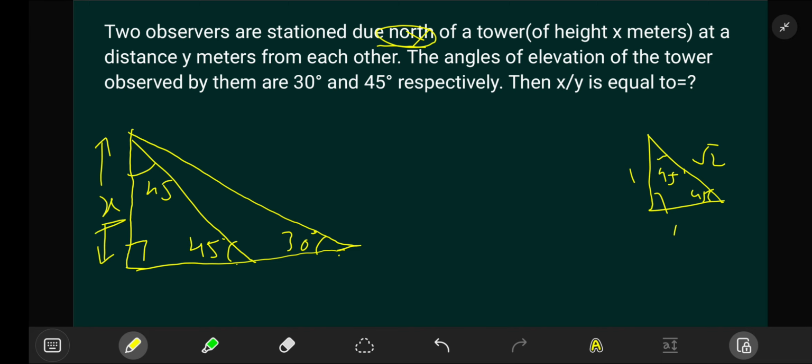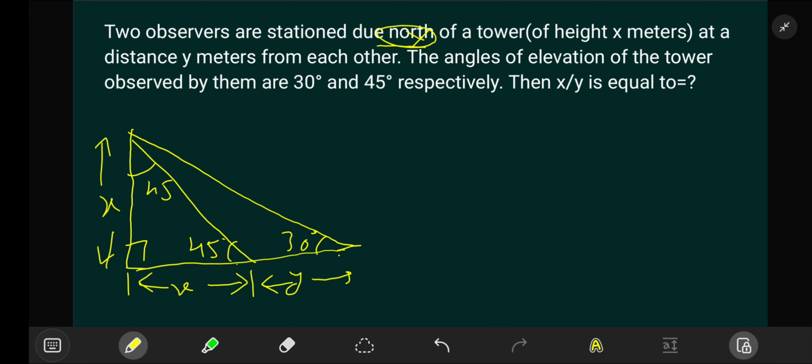So this base will also be x. If it is 1, this is also 1; if it is 2, this is also 2, that is the ratio. So this side will also be equal to x. Let me consider this length to be y.